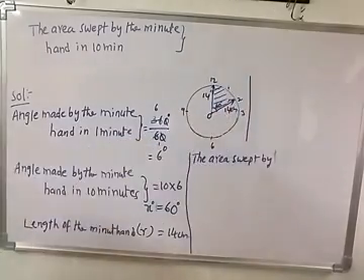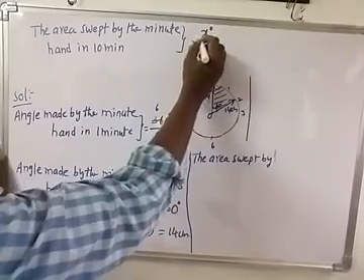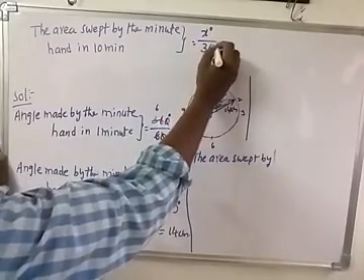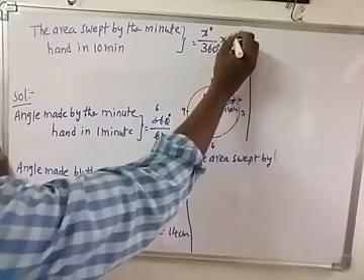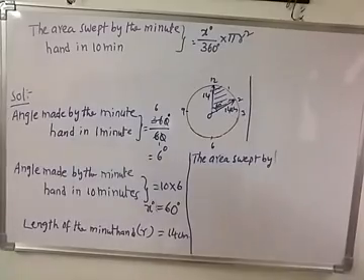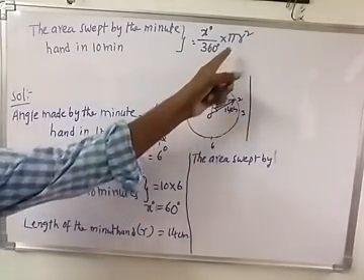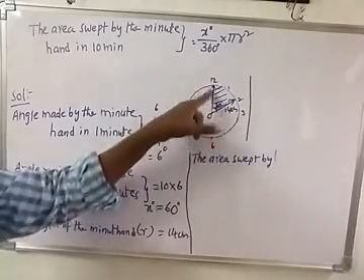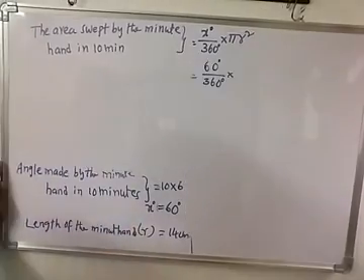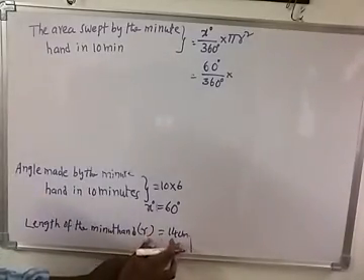This is the sector. So the area of the sector is equal to x degrees by 360 degrees into pi r squared, where x is 60 degrees and r is 14 centimeters.